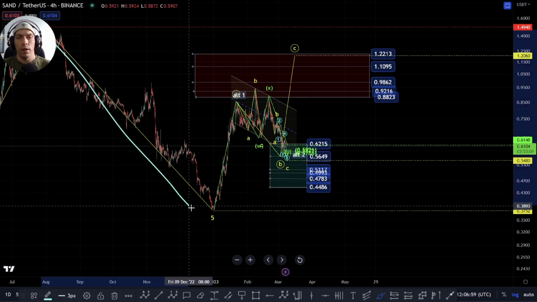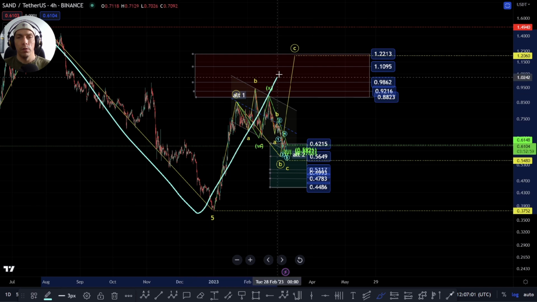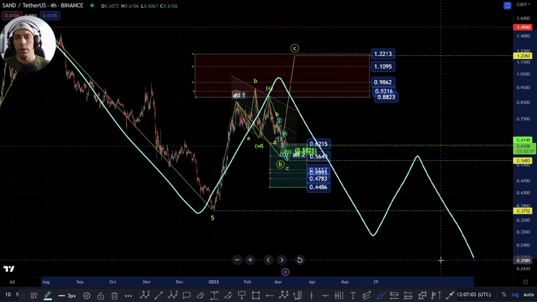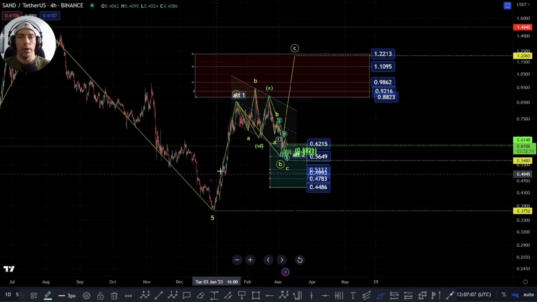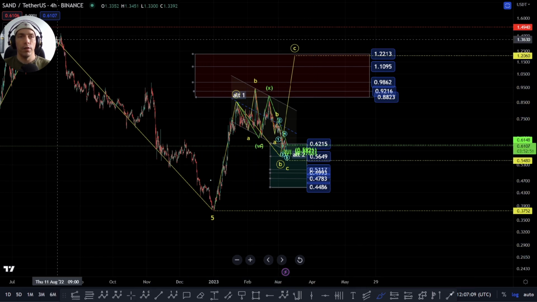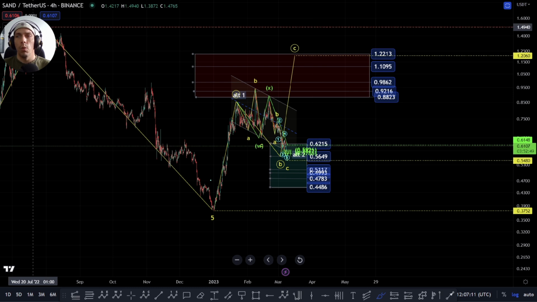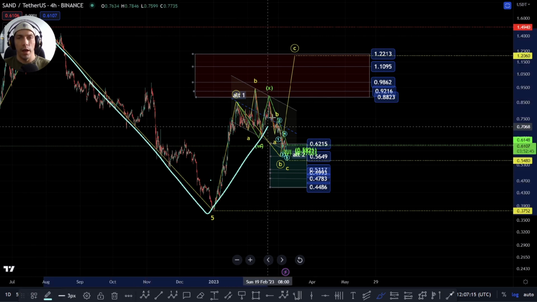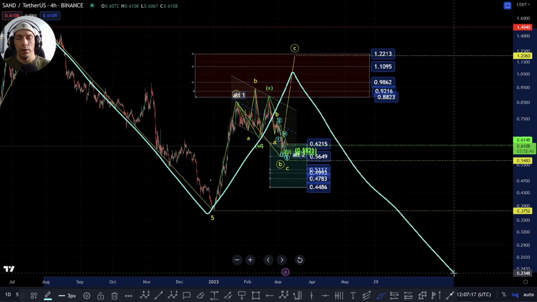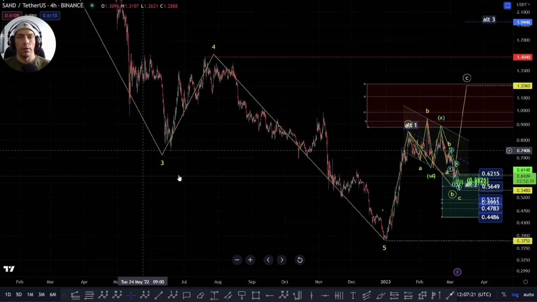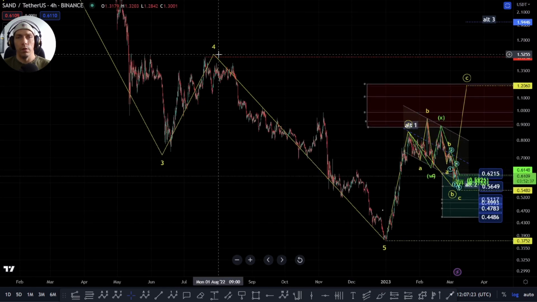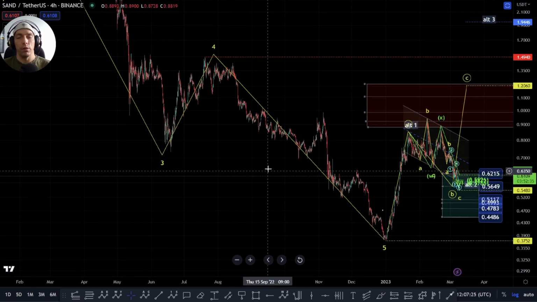If this is an ABC, either that could become a 1, 2, 3, 4, 5 of a contracting diagonal here, if we only get a three-wave move to the upside that fails to take this $1.4940, or alternatively, we could have this as simply an A, B, and then a C to the downside, if we wanted to look at this as an X wave instead of a fourth wave, and we're looking at the structure differently.